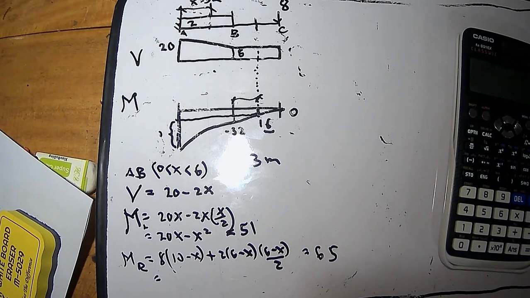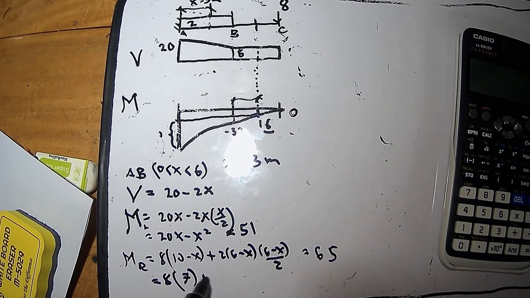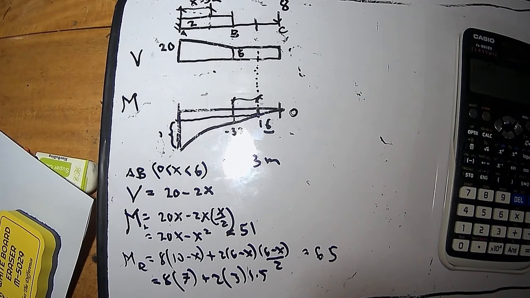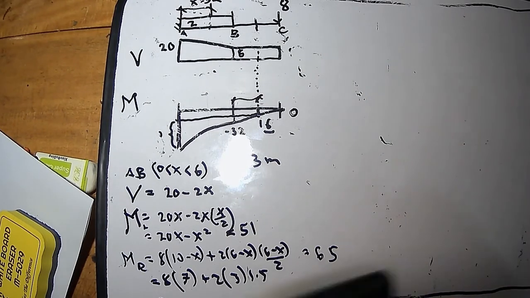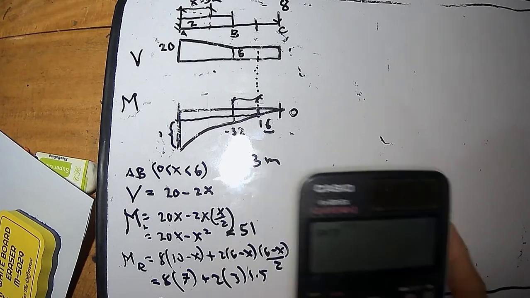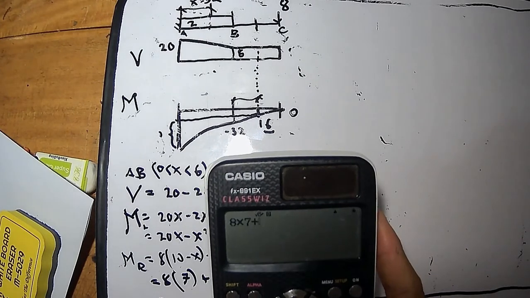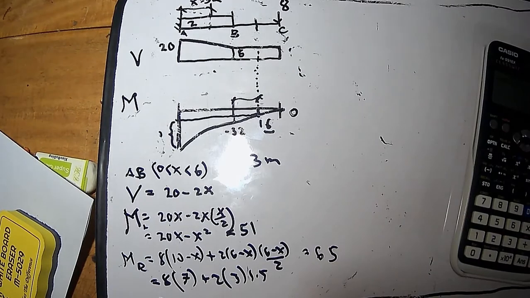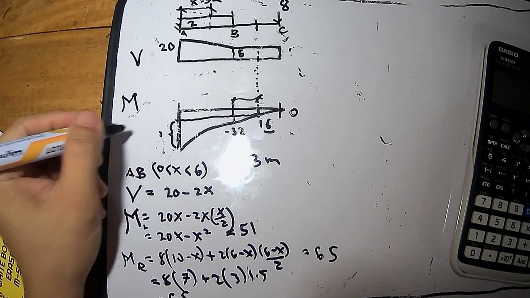Shortcut. Okay, let's try. Kung 65 nga siya dapat. So that is 8. 10 minus 3 would give you 7 plus 2 times 3 times 1.5. Okay, 6 minus 3 divided by 2 is 1.5. Okay, so let's check. 8 times 7 plus 2 times 3 times 1.5 is 65. Okay. Now, if you will check, 65 plus 51 will give you 116.